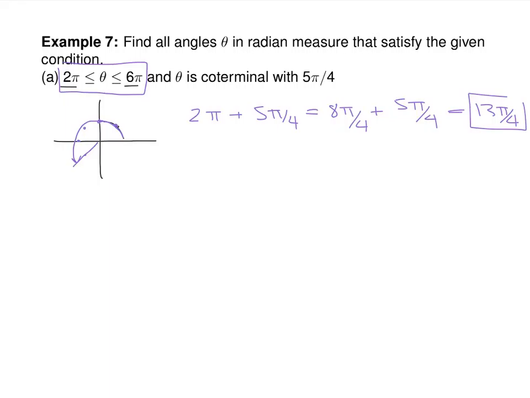We also should check and see if we go around the circle twice, do I still fall within that range? So that would be 4 pi plus 5 pi quarters, which is 16 pi over 4 plus 5 pi fourths, which is 21 pi fourths, right?